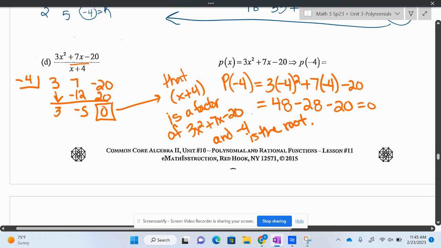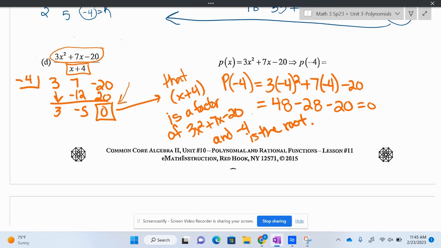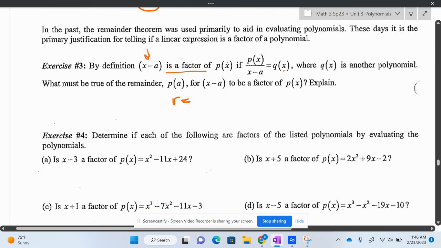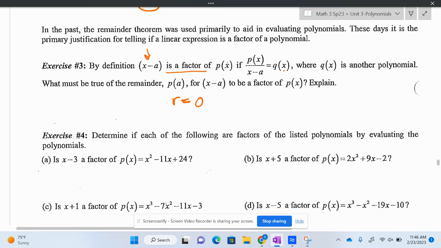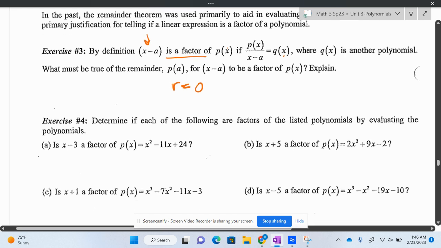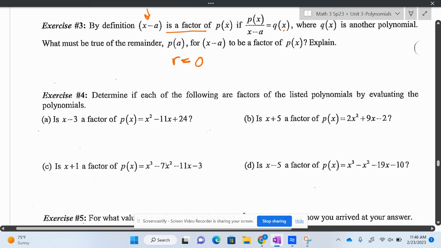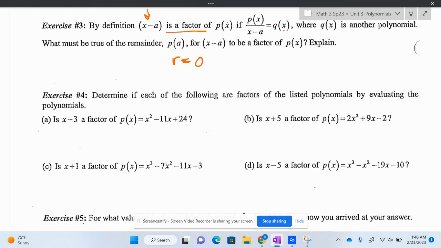We know that the binomial is a factor of the polynomial when the remainder is 0. That's what we know. So that's all we're going to do. We're just going to keep evaluating these by the root and see if the binomial is a factor.